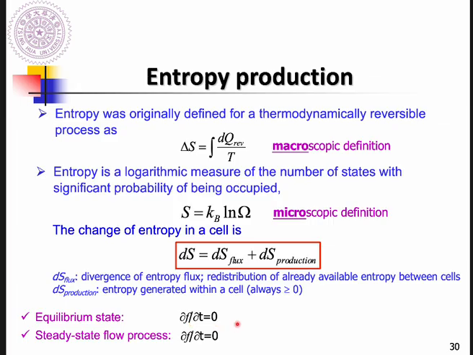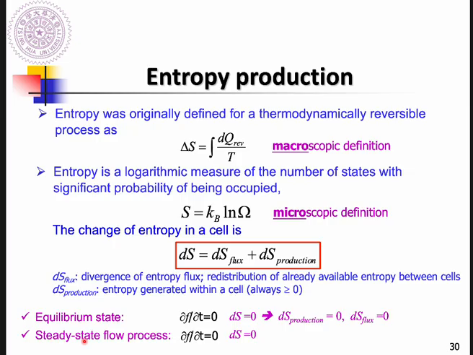So this also means that the entropy change rate equals 0, right? But it's a little bit weird, right? For the thermodynamic equilibrium state, the total entropy change rate equals 0, which probably makes sense to you, because the cell does not produce any entropy and also does not get any entropy from surroundings.